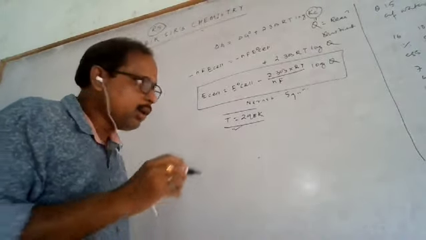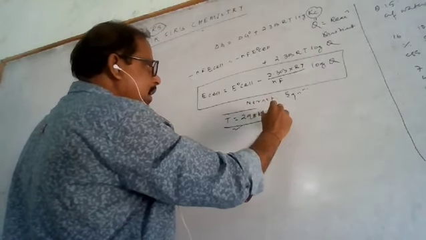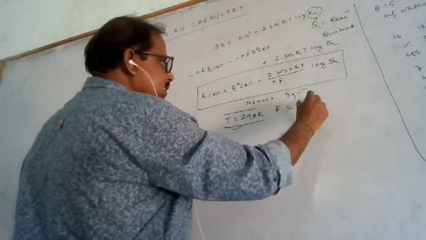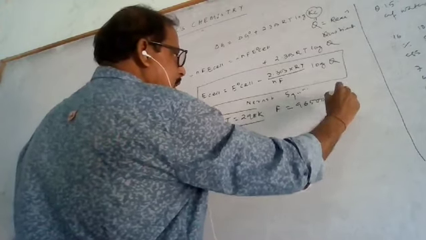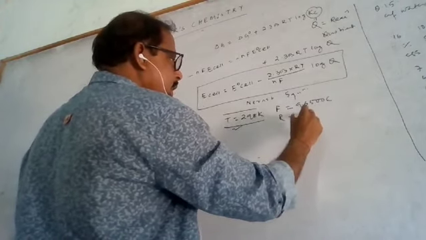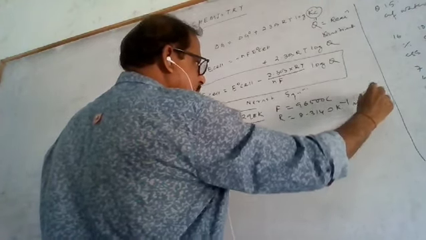So T is 298 Kelvin, F is equal to 96500 Coulomb, and the value of R is equal to 8.314 Joule Kelvin inverse mole inverse.